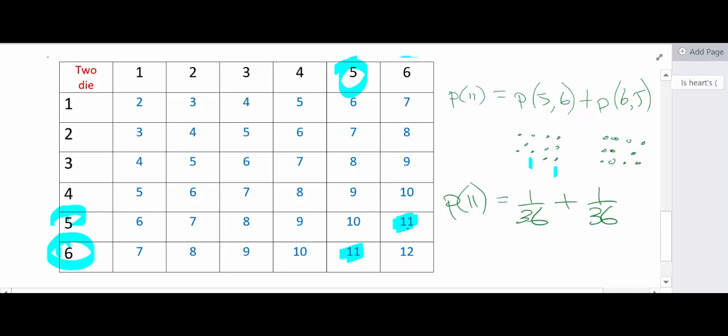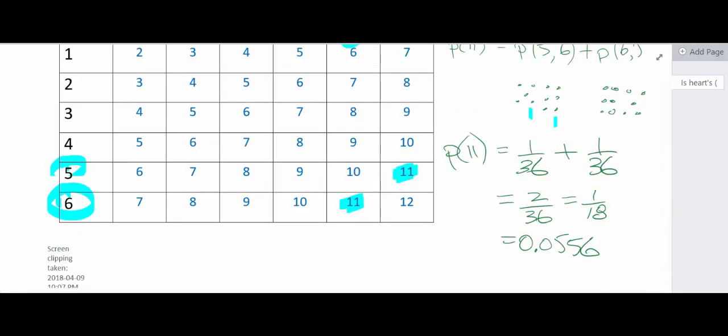So you're going to add your probabilities. So the probability turns out to be 2 in 36, which reduces to 1 in 18. And then you convert that to a decimal. This works out to be 0.0556, or roughly 5.6%. So not a high probability that someone would roll 11.